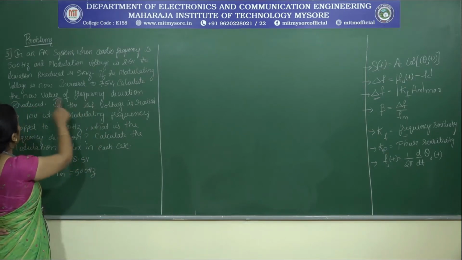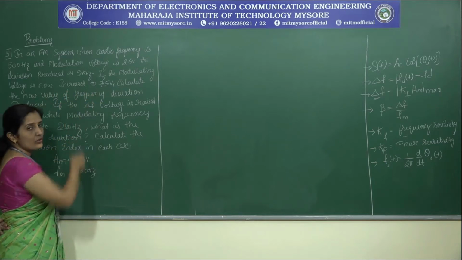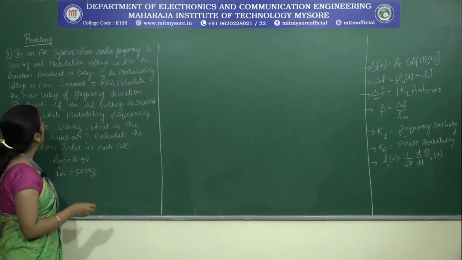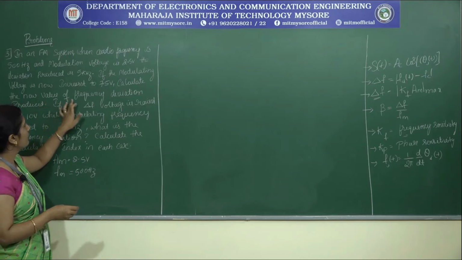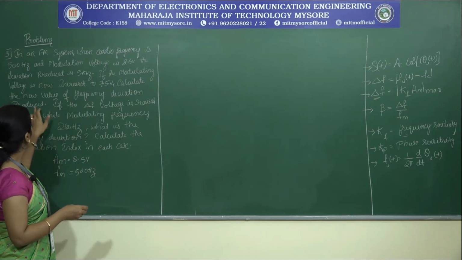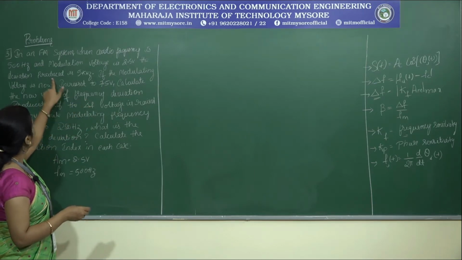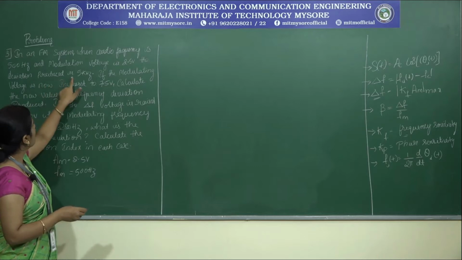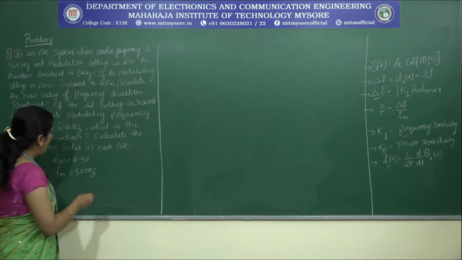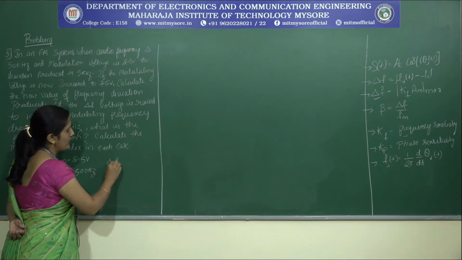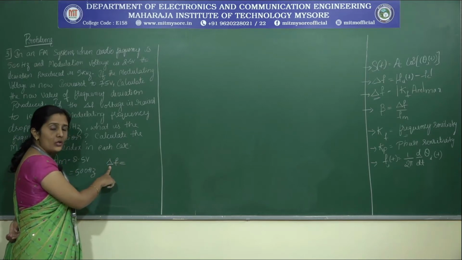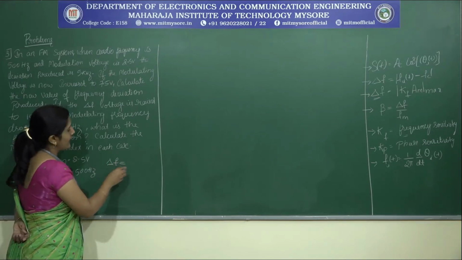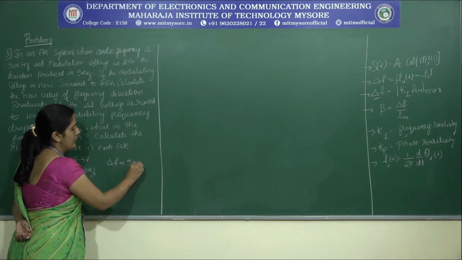And here if the modulation voltage is now increased to 7.5 volt, calculate the new value of the frequency deviation produced. So here they have given the deviation produced is 5 kilohertz. We know that the frequency deviation we represent with delta F, so delta F is equal to 5 kilohertz.